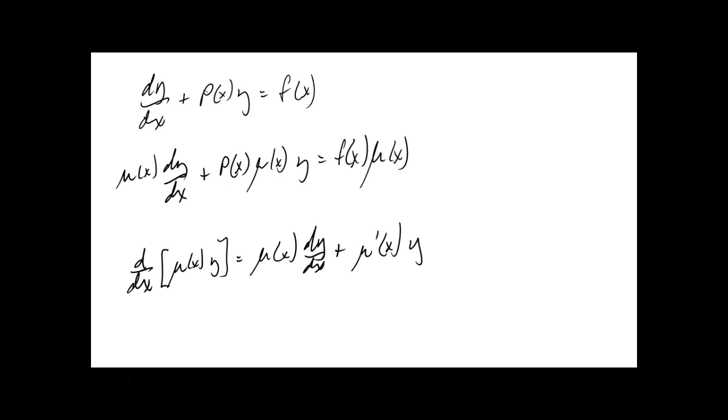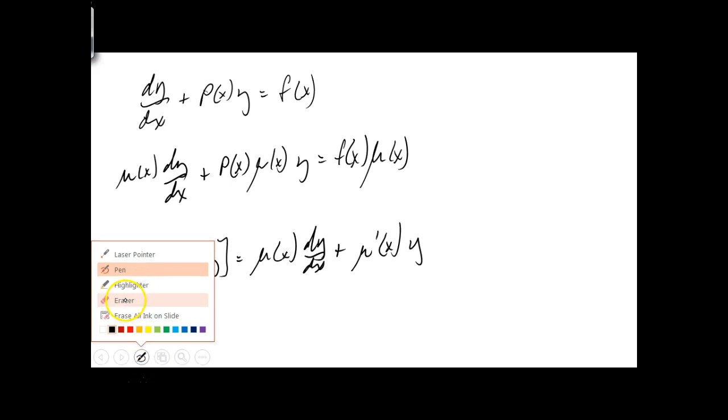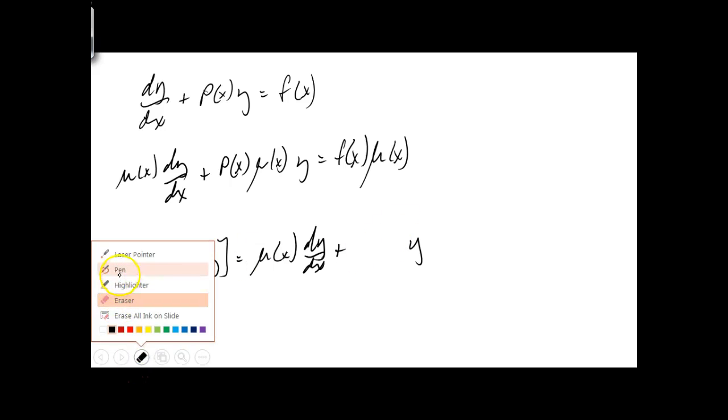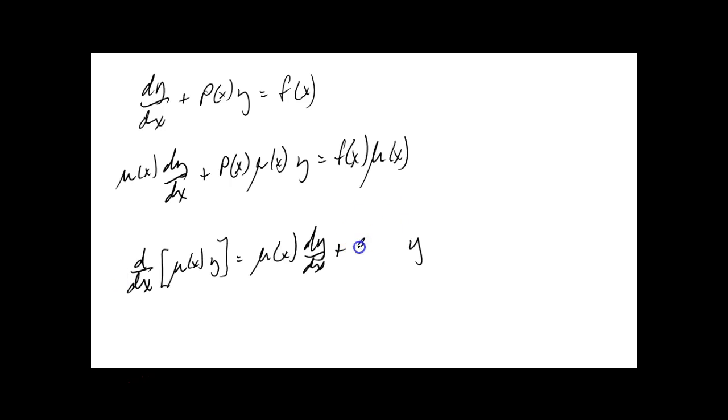Maybe I ought to make this d mu/dx, because they do it in the book. I don't think it matters. It just was easier to write the other. d mu/dx times y.